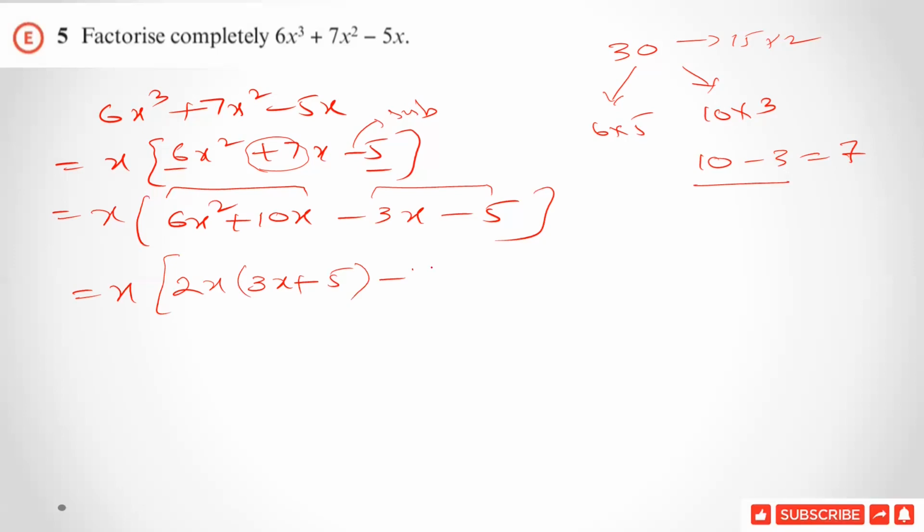Minus 1 is common. Now here 3x plus 5. Why plus? Because minus times minus will be plus. Now we have 3x plus 5 in both terms, so we take common 3x plus 5, then 2x minus 1. Okay, so this is your answer for question 5.